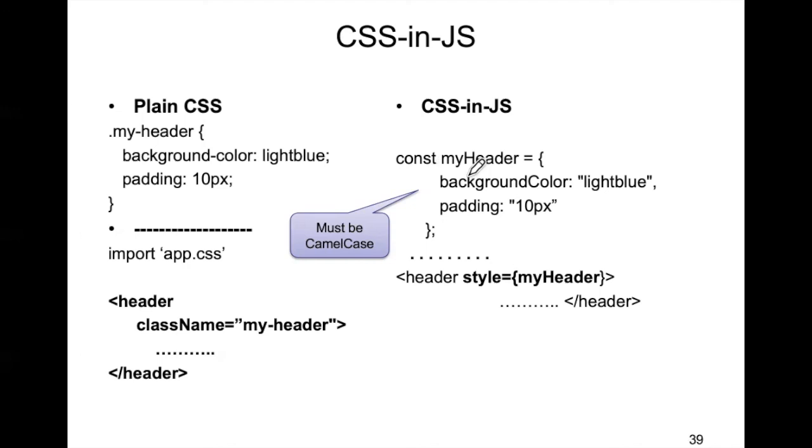So you just need to remember that whatever a CSS attribute is called in the CSS world, you've got to convert it to camel case in order to use it in this CSS in JS approach. And other than that, it's pretty straightforward, really.